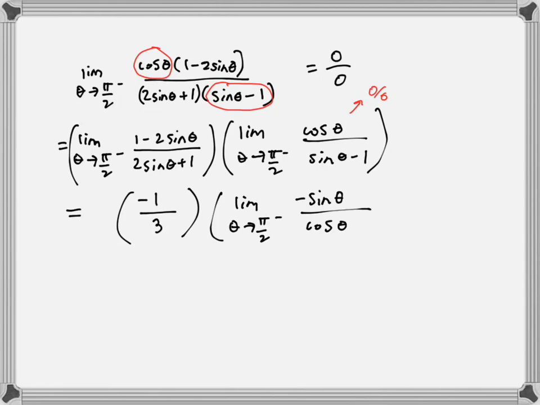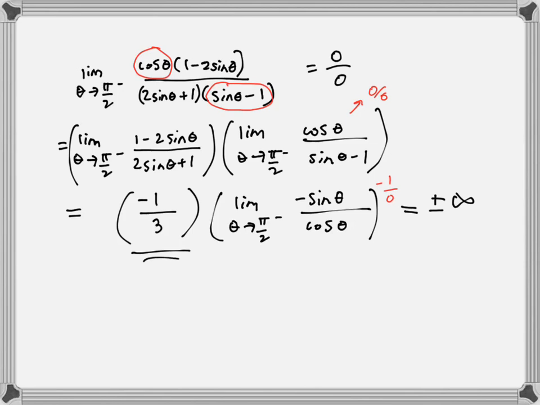Or another way you can think of this is this limit itself going to negative 1 over 0. So the whole limit goes to some value. We don't care whether it's plus or minus infinity. It doesn't actually matter, okay? The point is it gets infinite. And infinite multiplied by this negative 1/3 does not change the infinite value, okay?